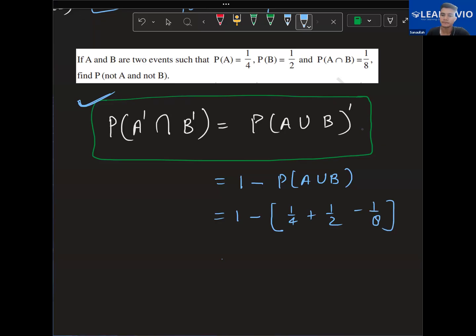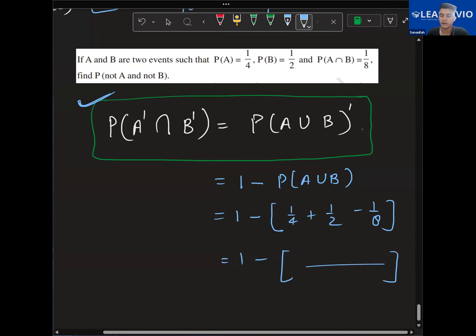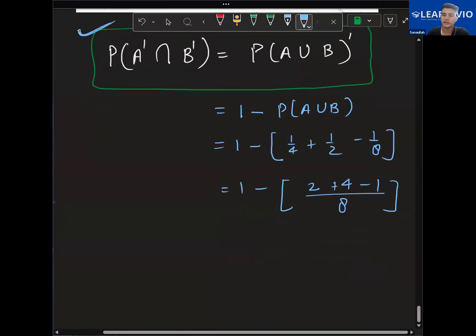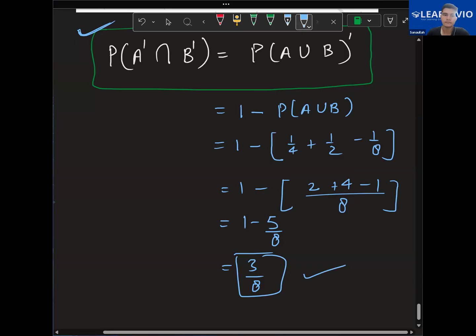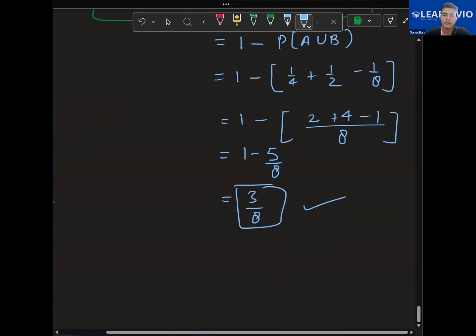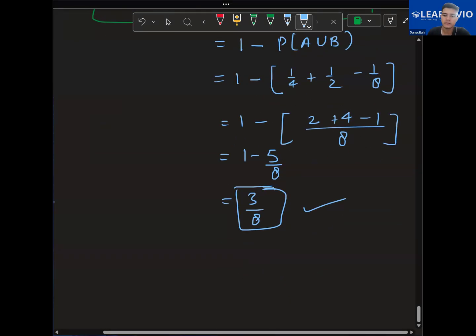Solving this, you get (2 plus 4 minus 1) over 8, which is 5 by 8, so 1 minus 5 by 8 gives 3 by 8. Is it okay?